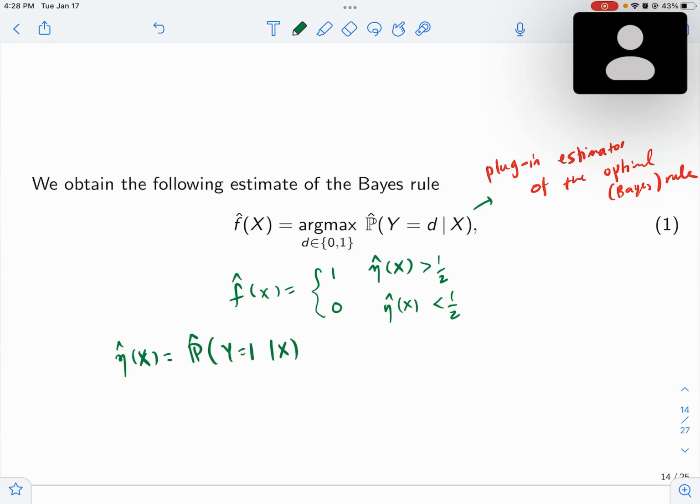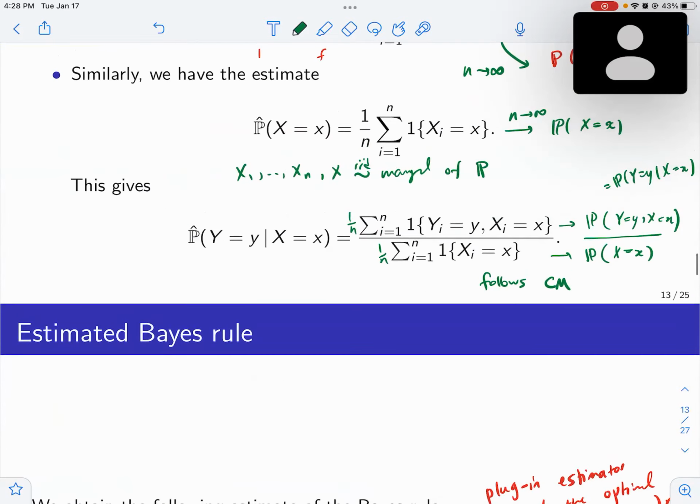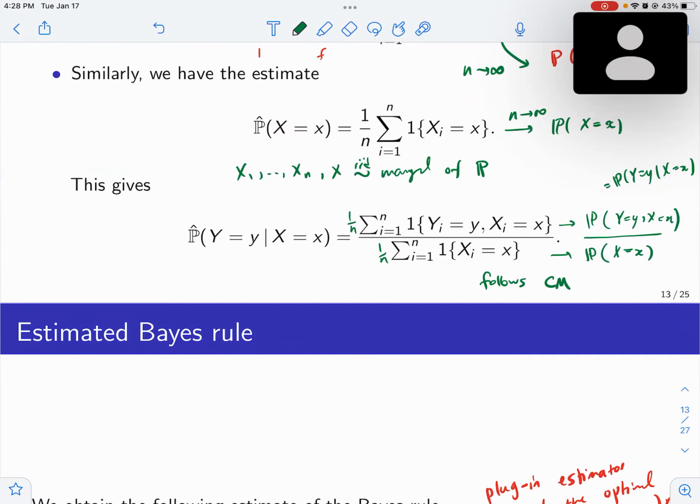So that's what I mentioned can be used in practice. So you estimate your joint distribution and the conditional distribution, or you can say the regression function. Regression function is just this for a particular value of y. So I don't need the two cases, as I mentioned. I just need one of them.